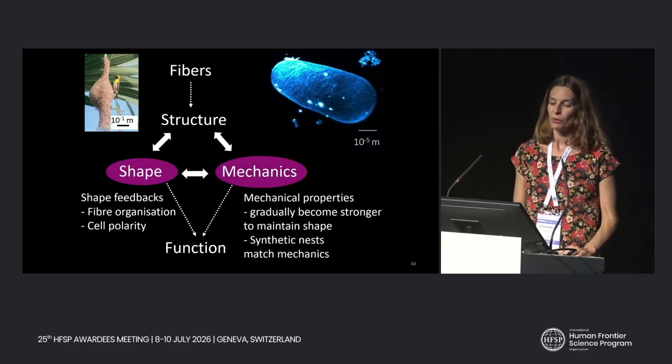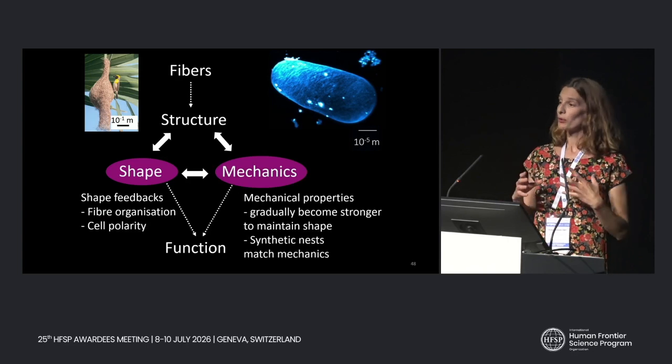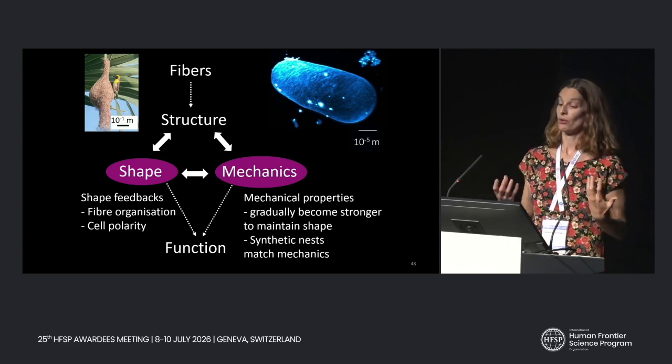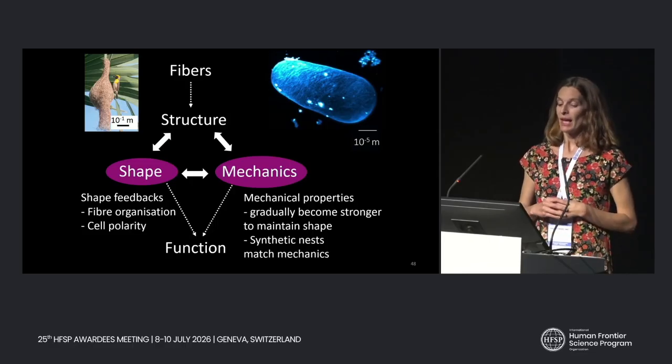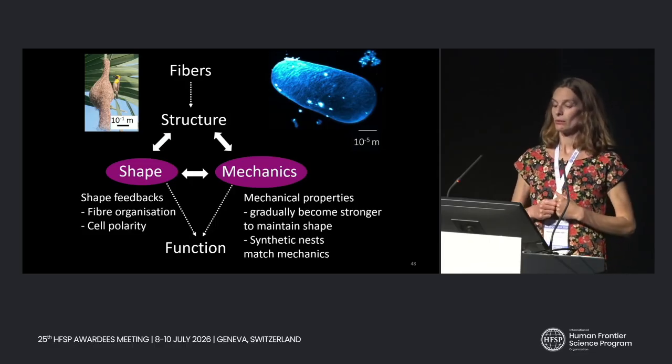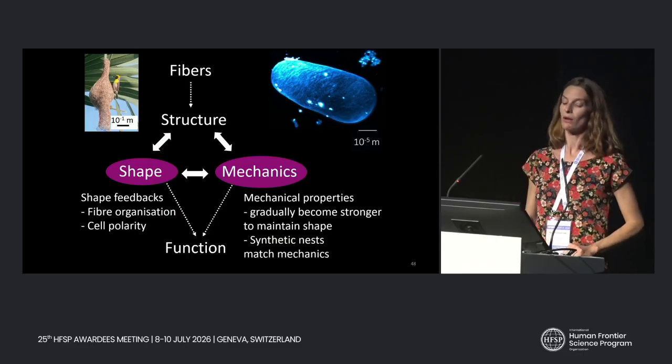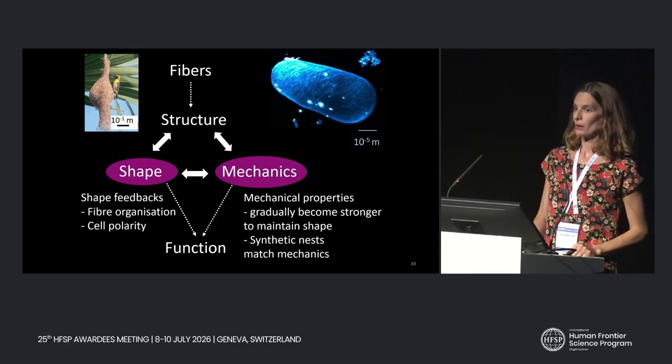Then we have seen that the mechanical property of the nest is gradually becoming stronger to maintain the shape of the cell, and that we can build synthetic nests that match the mechanical property of an actual plant cell wall.